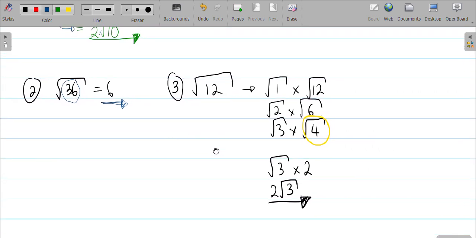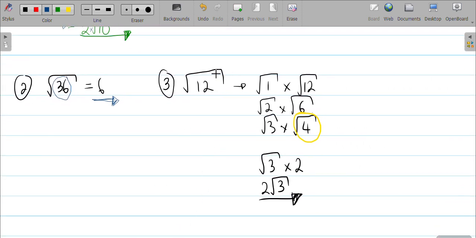All right. And then number 3, we have the square root of 12. Well, that is not a perfect square, so we need to follow our rules. So step number 1, we list the factor pairs, 1 and 12, 2 and 6, 3 and 4. Step number 2, we choose the pair with the biggest perfect square, which is this pair over here, because we have a square root of 4, and 4 is a perfect square of 2.